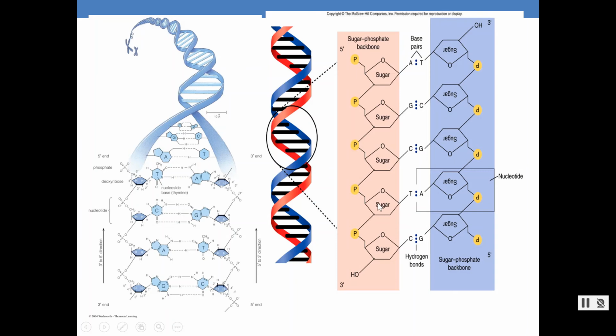So how the sugar phosphate backbone is put together, how it is attached to a nitrogenous base. And so that is what we're talking about with this sugar phosphate backbone. So this sugar has 6 carbons in it. And I think I'm going to switch to my diagram here.